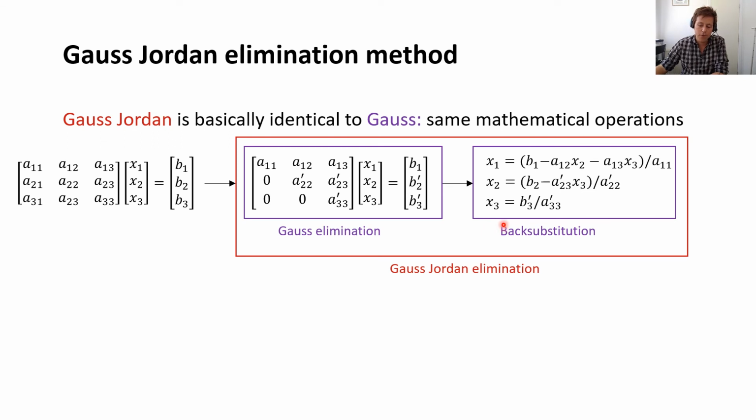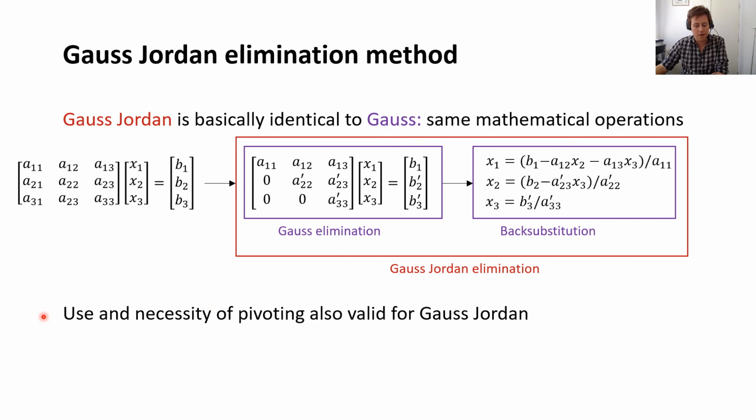However, if you look at the backward elimination in Gauss-Jordan, used to convert the triangular system to a diagonal system, those operations are basically the same as the operations you do in the back substitution. So both methods are more or less equivalent. They have the same operations, they just have a slightly different interpretation of the operations.